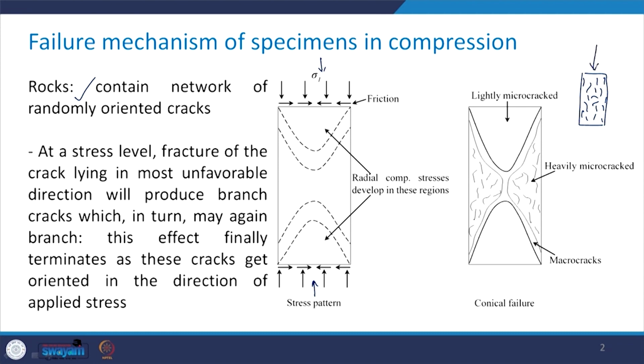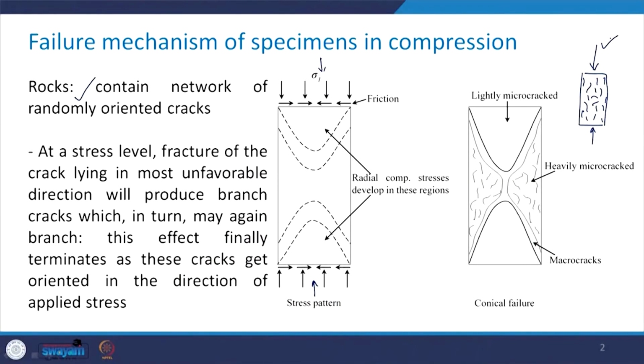The moment you apply the load, the crack which is lying in the most unfavorable condition with respect to the application of this load will start propagating, it will develop its branches, and these branches will further branch.